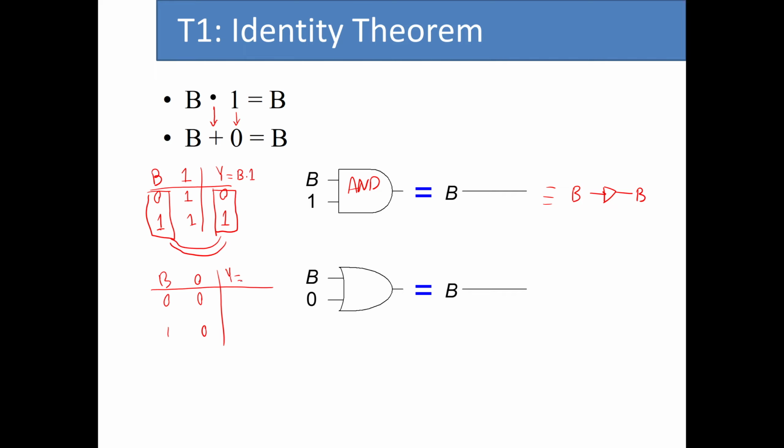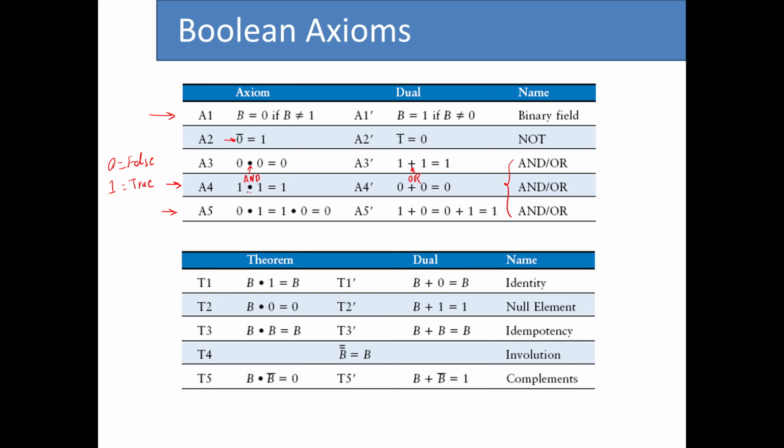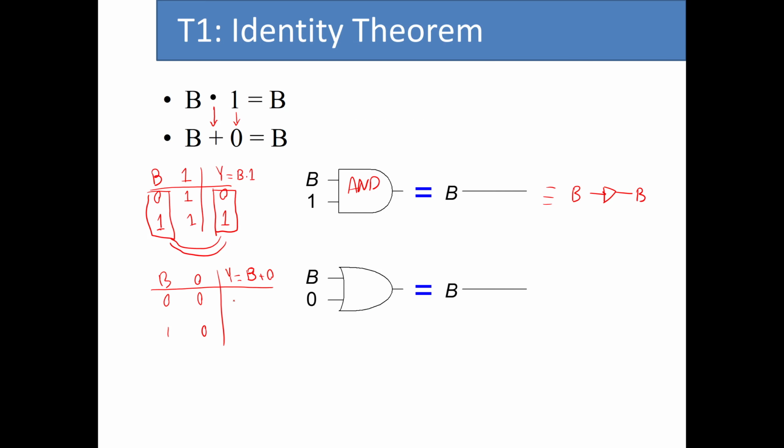If we have y equal to b plus 0, based on A4 again, or A4 prime, the dual of A4, 0 OR 0 equals 0. So this is equal to 0. And then we have 1 OR 0, which equals 1.